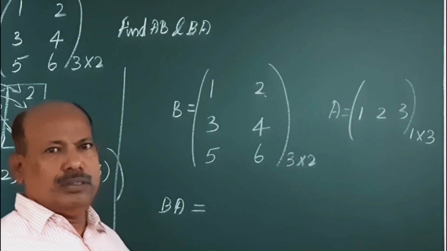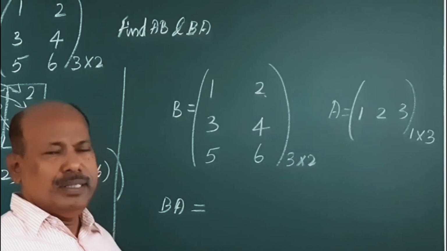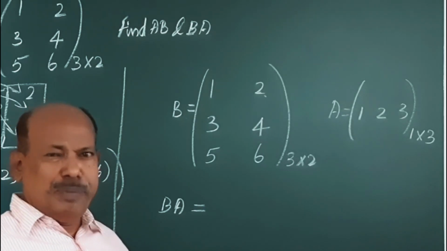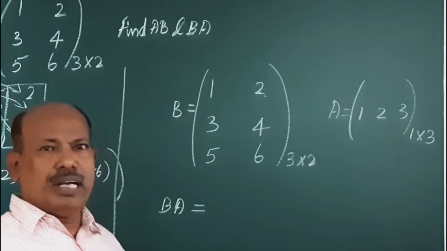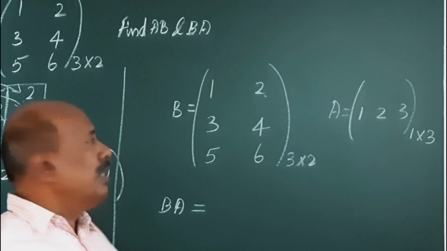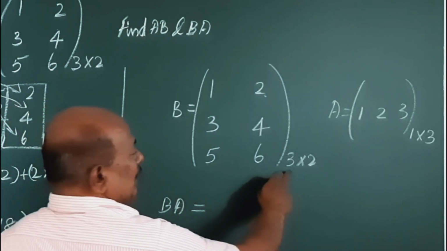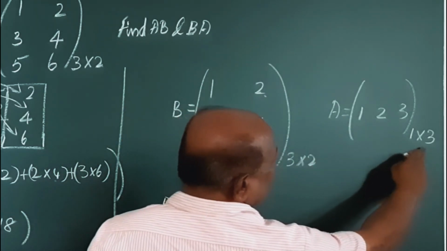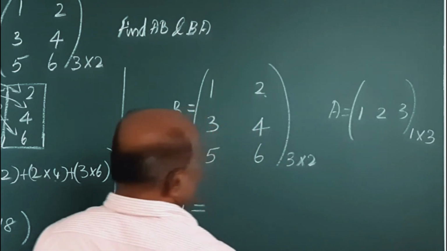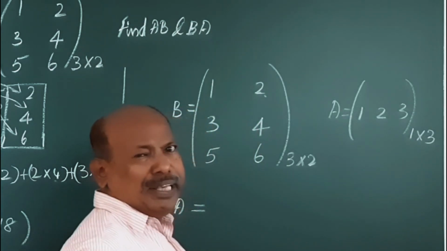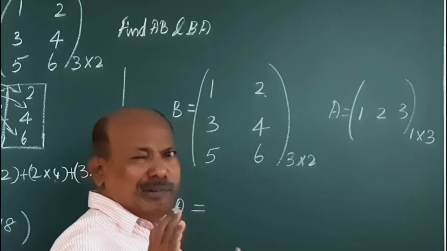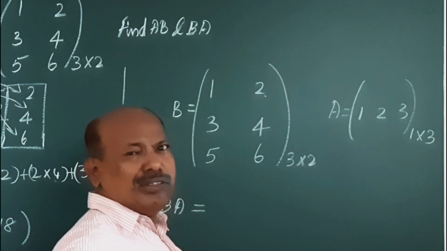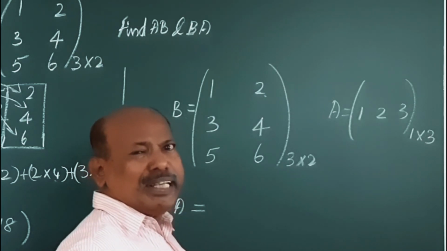Next we have to find BA. First we have to write the B matrix and then the A matrix. Here the B matrix is a 3 by 2 matrix, and the A matrix is a 1 by 3 matrix. Here the rule of multiplication: the columns of the first matrix must equal the rows of the second matrix.